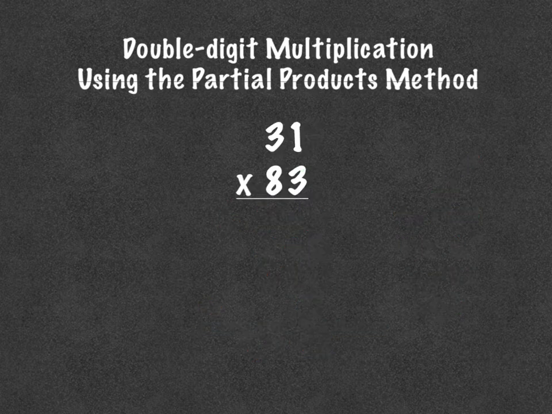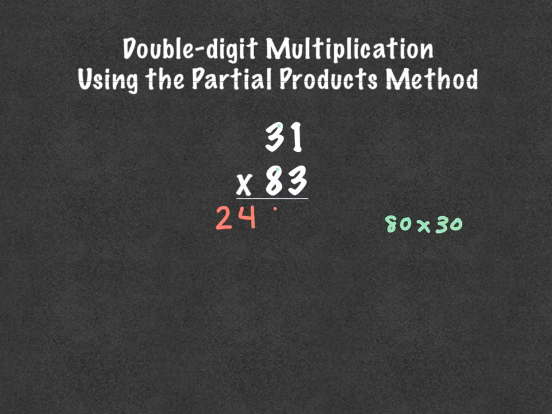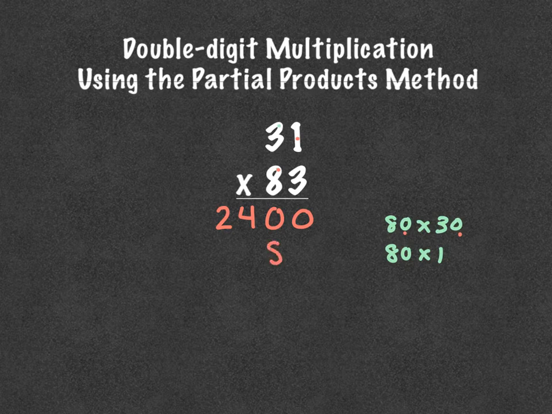Another one: 31 times 83. First step, we take our two largest place values, so we'd have 80 times 30. 8 times 3 is 24 with 2 zeros. Then we have 80 times 1. 8 times 1 is 8, and our 0, so 80.